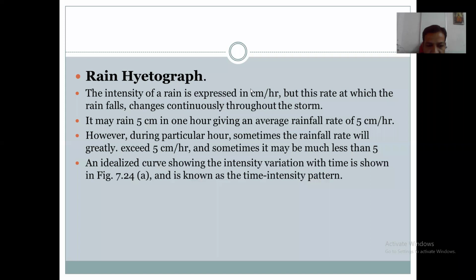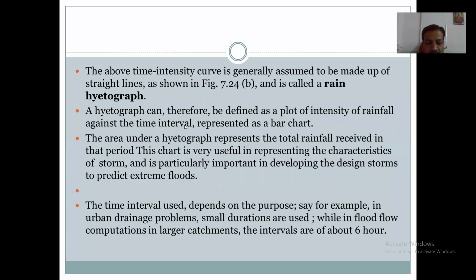So this is the duration for a particular hour, how much the rainfall rate will be there. So there is a graph plotted that is called rain hyetograph.